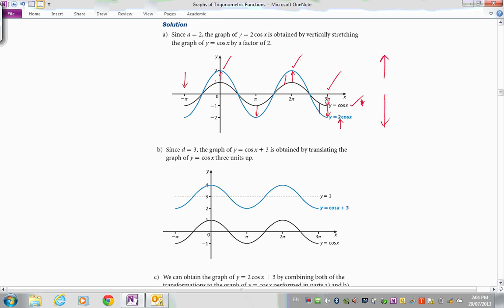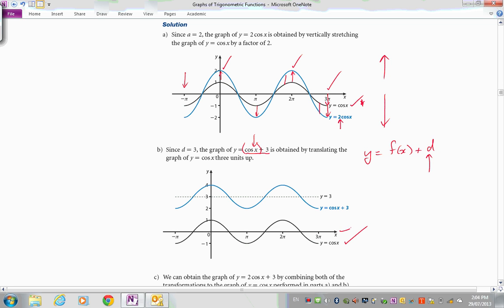Let's look at the graph of cos x plus 3. There's cos x. Let's draw it. Here it is down here. Plus 3, adding to f of x a constant. This is the form here, f of x plus d. So what is that? That's a y translation, a translation in the y direction.